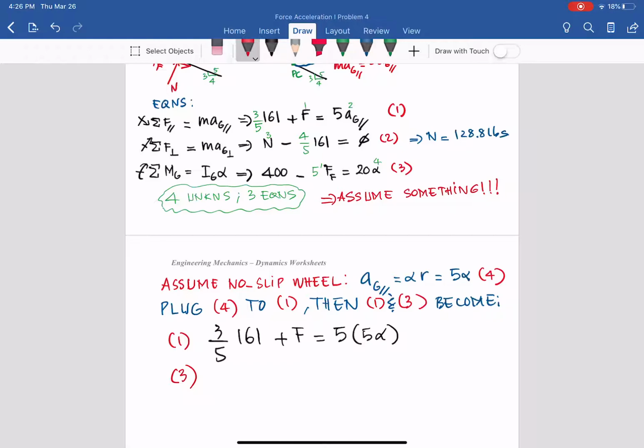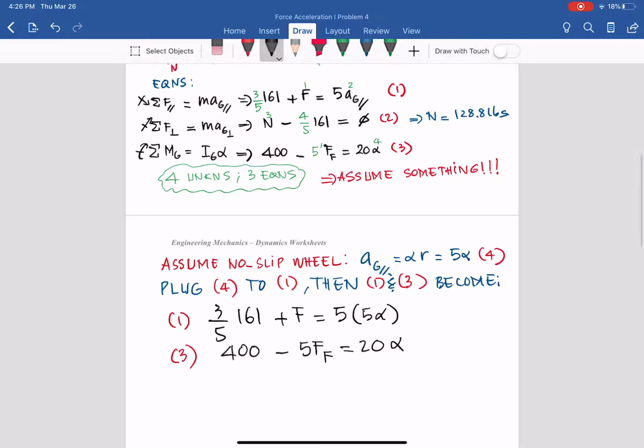You will have 400 minus 5 FF equal to 20 alpha, and with that we can solve these two equations, two unknowns.